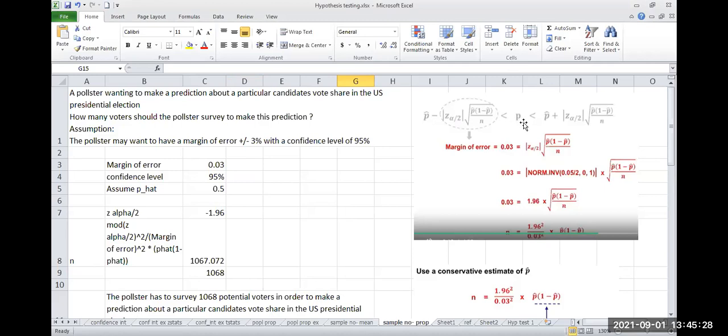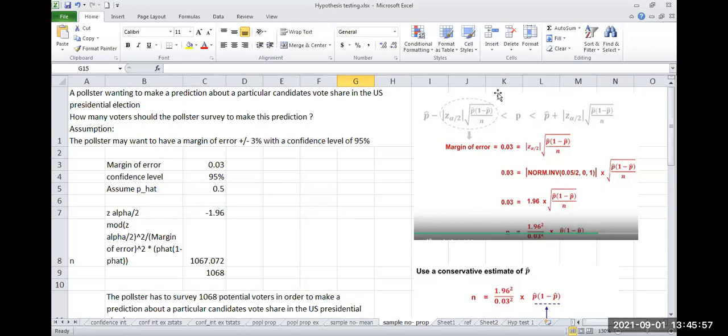Since we are interested in population proportion, you use the formula of population proportion, which is p hat minus modulus of z alpha by 2 square root of p hat into 1 minus p hat by n. This is your lower limit, and p hat plus the margin of error becomes your upper limit. So the formula which we have seen for population proportion will come into picture now.